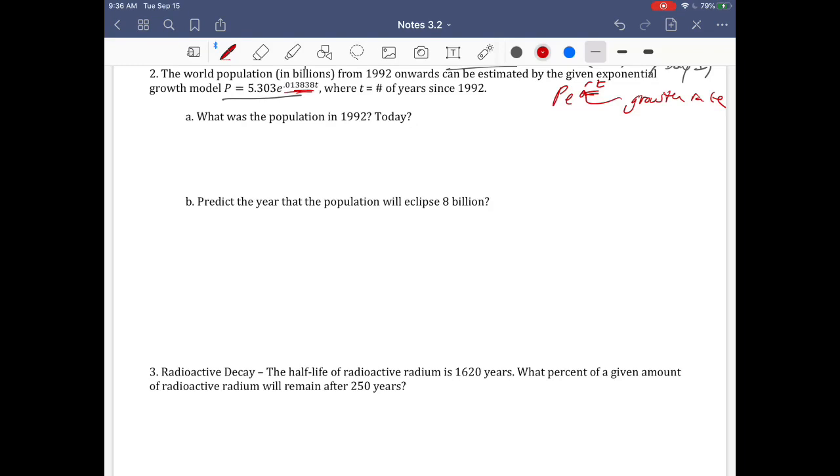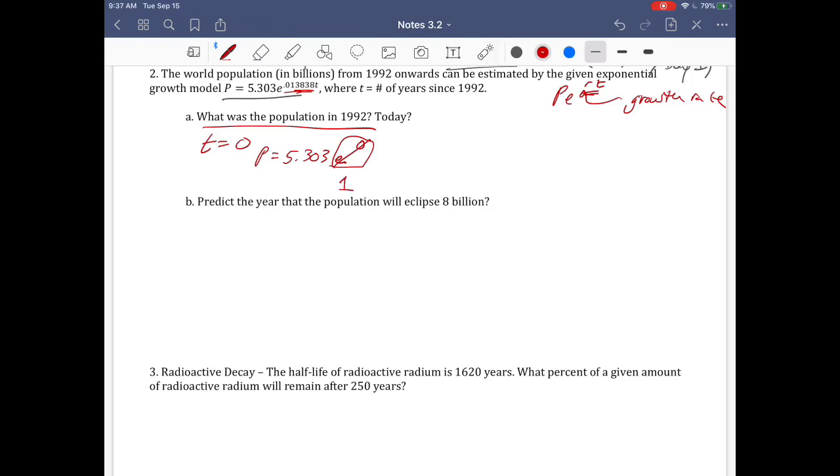T is equal to the number of years since 1992. So what was the population in 1992? That is time equals 0. 1992 is 0 years from 1992. So we would have 5.303 e to the blah, blah, blah times 0. So it doesn't really matter. Anything to the 0th power is, of course, 1.